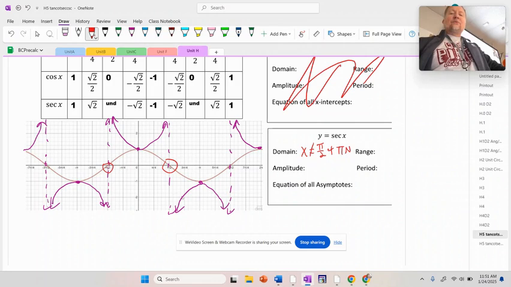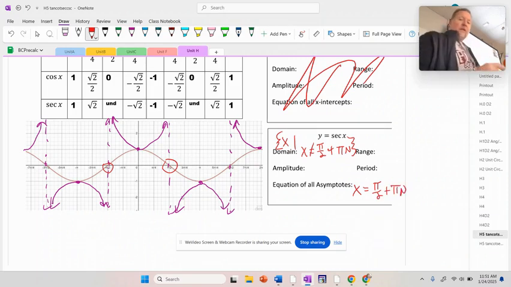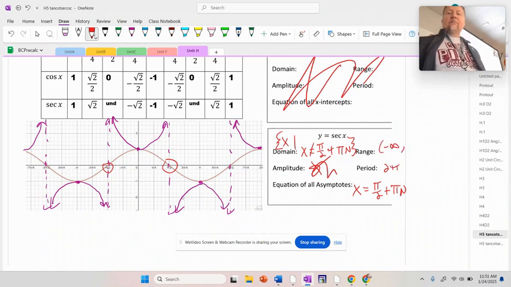Again, I screwed up. It's not equal to, in the set builder notation, which you will see potentially. And then this is pi plus pi n. Amplitude, no. And then the period is 2 pi. Range is the same.